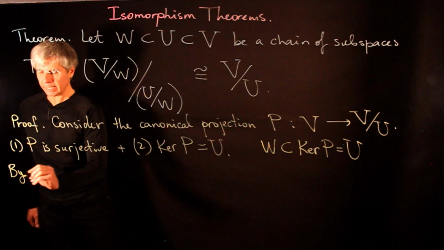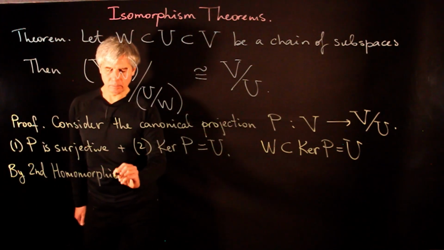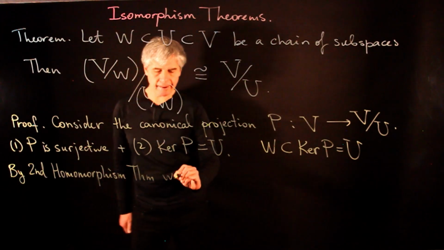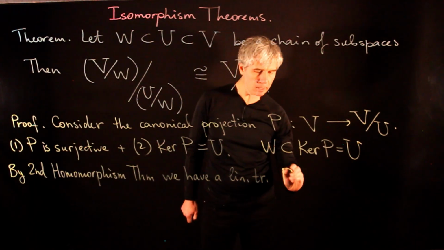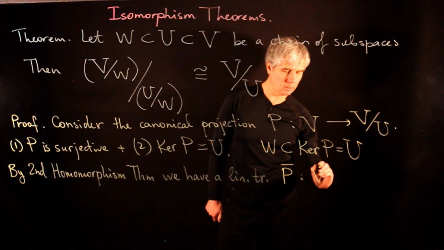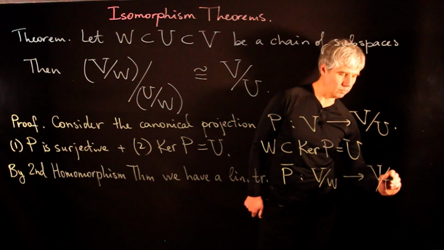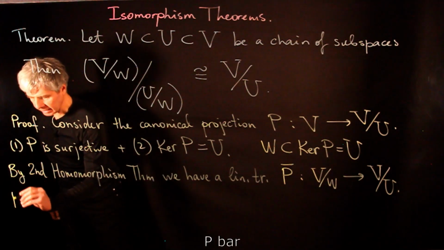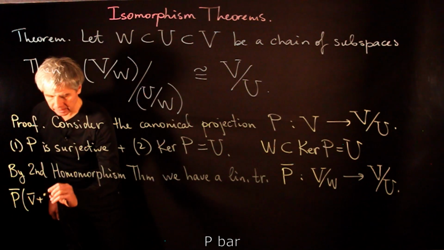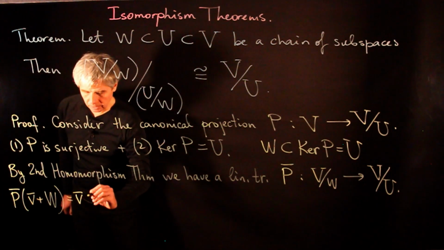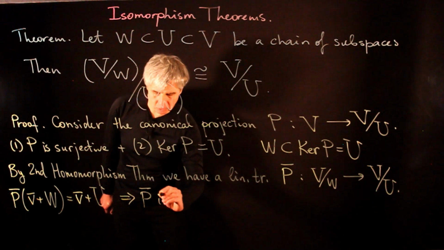So by second homomorphism theorem, we have a linear transformation P bar from V quotient by W into V quotient by U. This transformation P bar sends the class of a vector V, which we will write as a coset V plus W, into the coset V plus U. And this tells us that this map P bar is surjective.